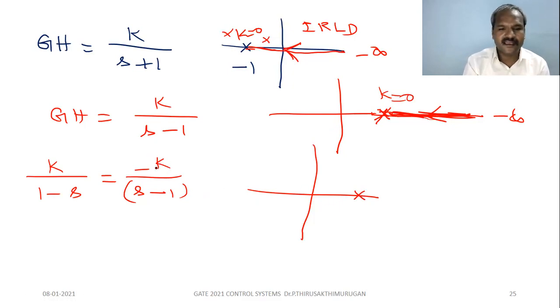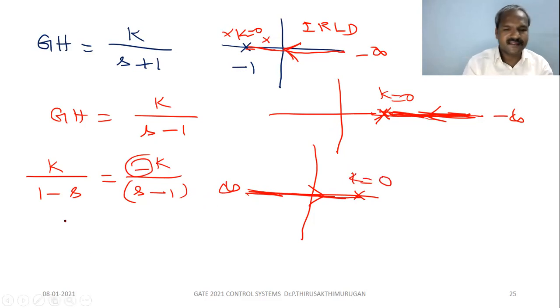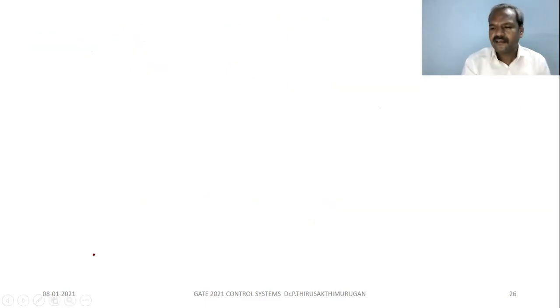Since this is the minus reverse, the root locus branch is from here to here, going to infinity as k increases. So this is k equal to 0. Understand?